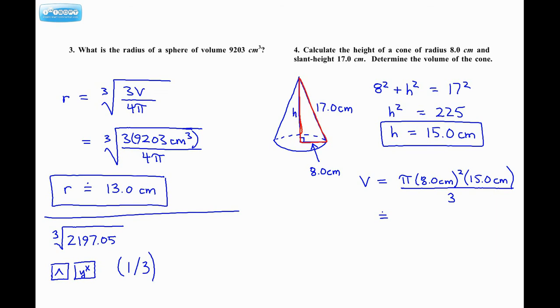All right, let's work this out. I get approximately 1005.3, and this is a volume, so this is cubic centimeters. I'll put the V in there. So there's my answer to the nearest tenth.